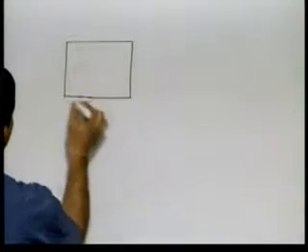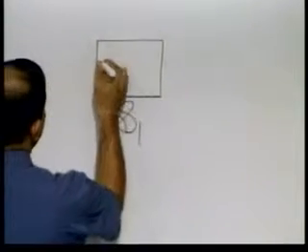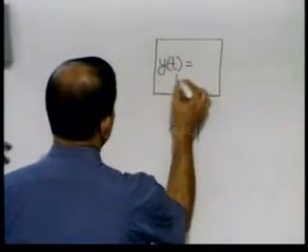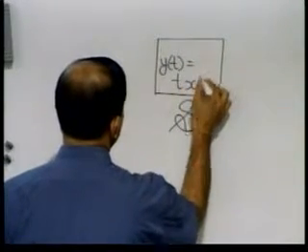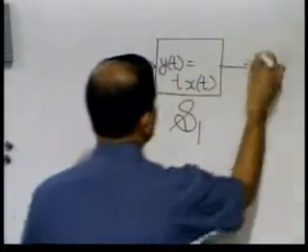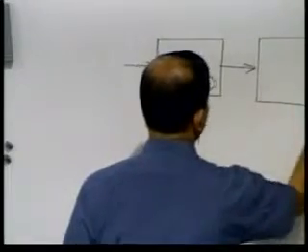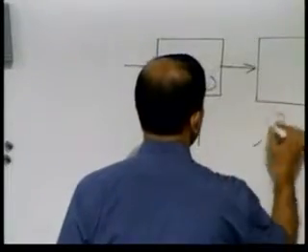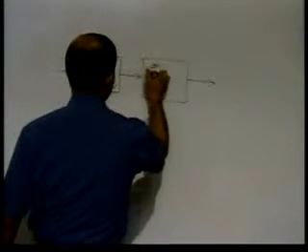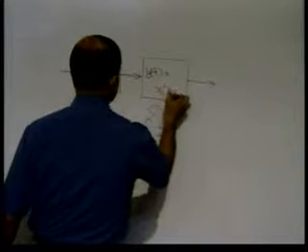The first system is S1 described by y(t) is t times x(t). And the second is a system that squares the input. So we have y(t) is x(t) squared.